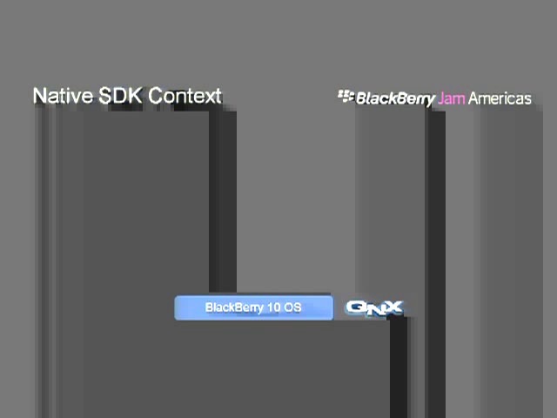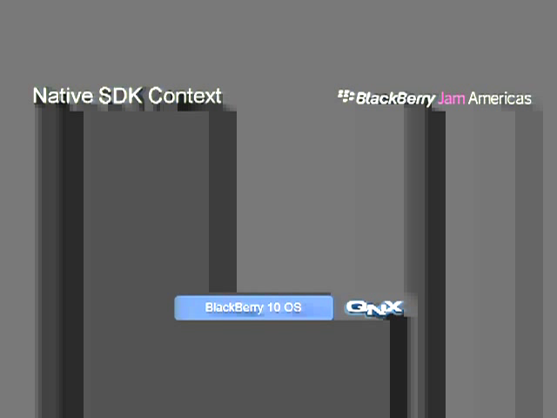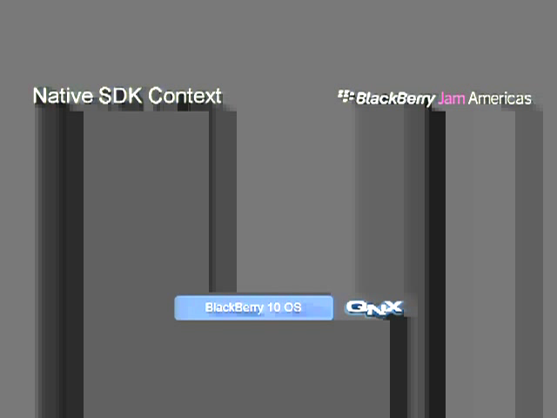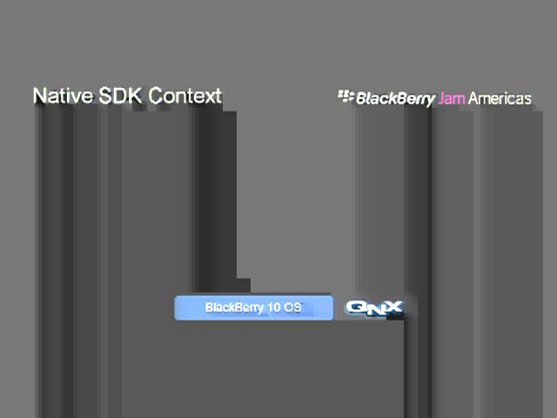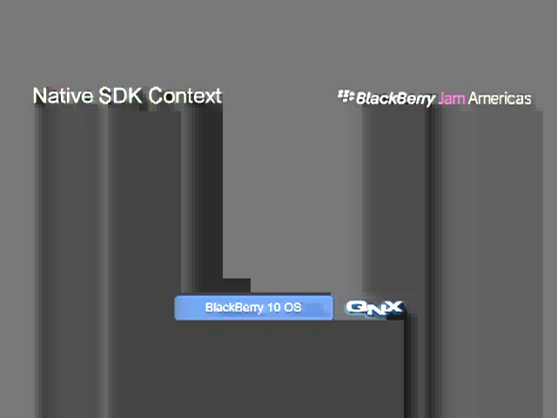So what we have here is that as a foundation we have QNX, which is a 20-year-old POSIX operating system that runs on very hardcore places like nuclear plants and submarines and clocks.